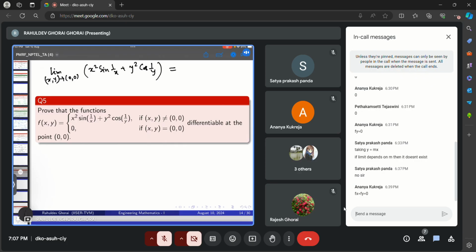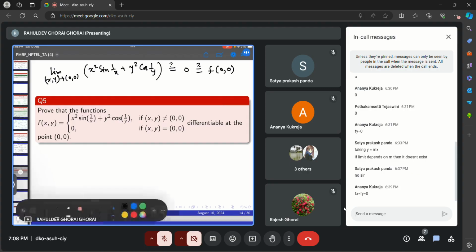Should that be equal to f of (0, 0) for continuity, right? Is it equal to 0? This part we know, the other part we know. This question mark we don't know. Is it 0?